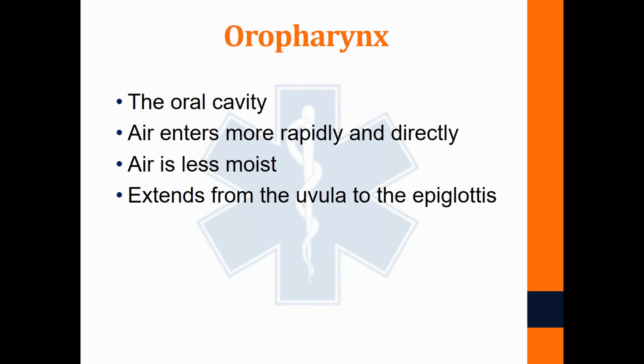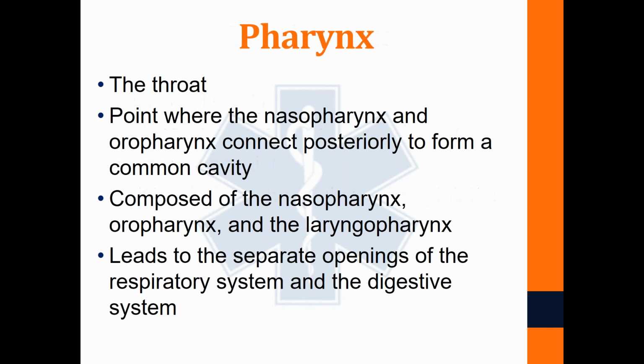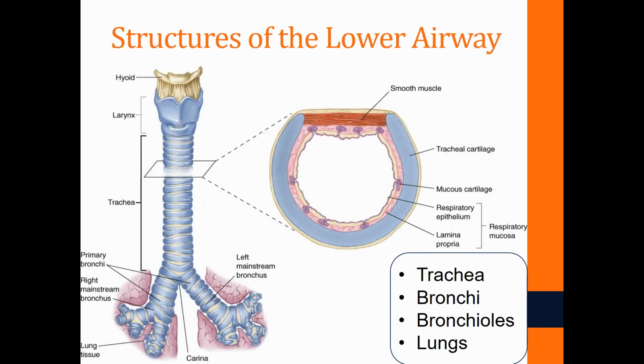This is the oral cavity we're talking about here, and it extends all the way from the tip of our lips down to the epiglottis. Moving on down, we wind up in the pharynx. This is where the nasopharynx, the oropharynx, and the hypopharynx connect. This is all the way down right to the top of the trachea and the esophagus respectively.